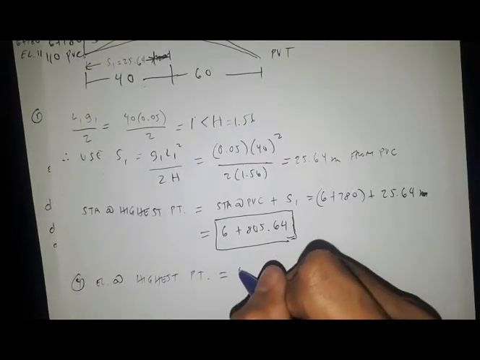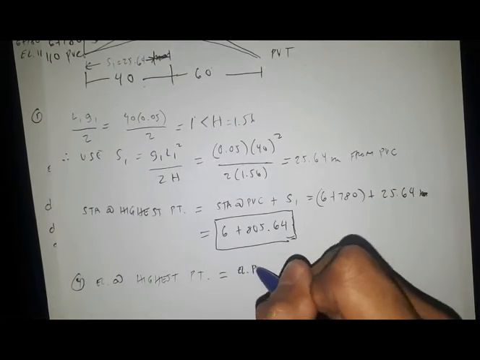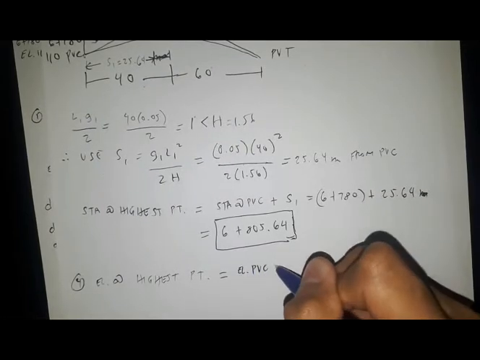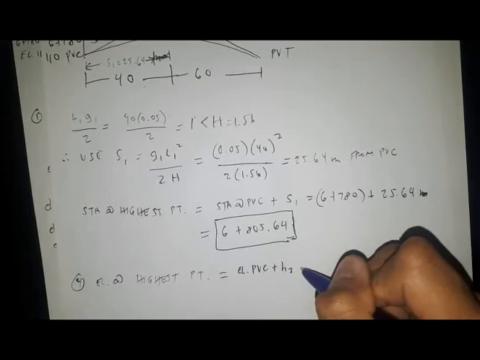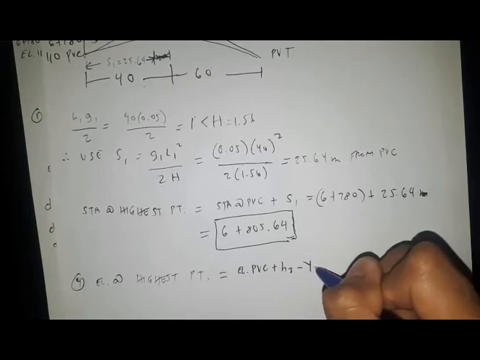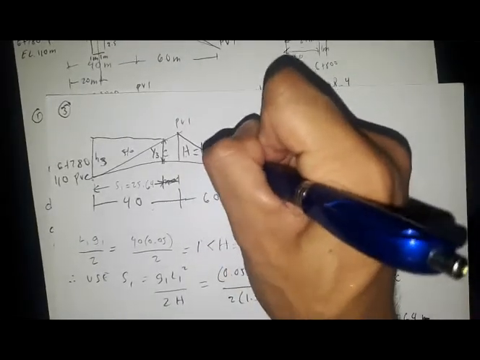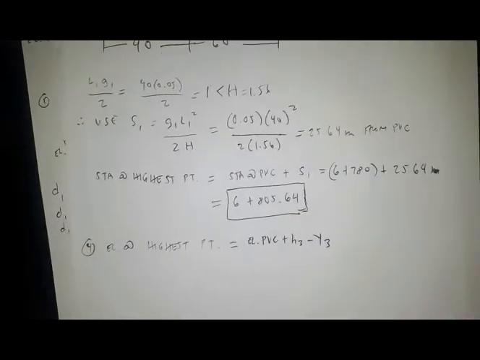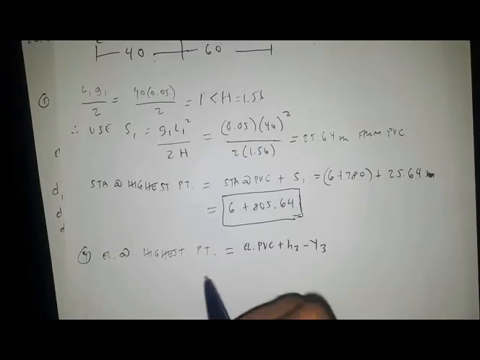So that is equal to elevation of PVC plus H3 minus Y3. So we already have the value of H of 1.56. Now let's solve for the values of H3 and Y3.